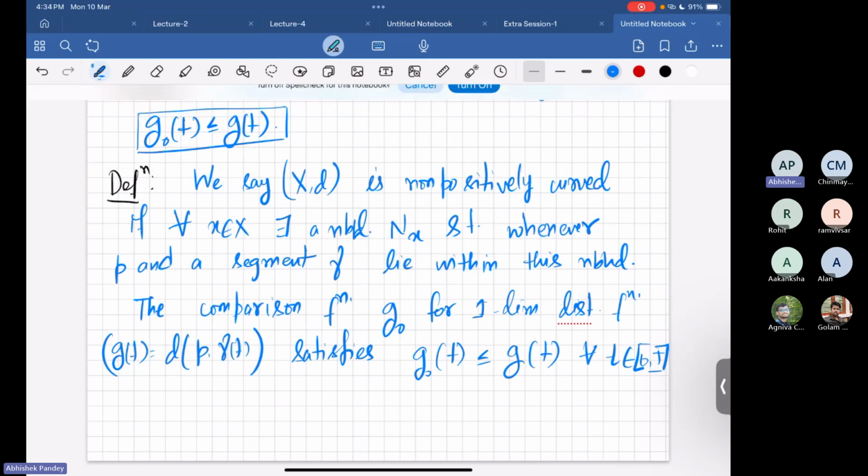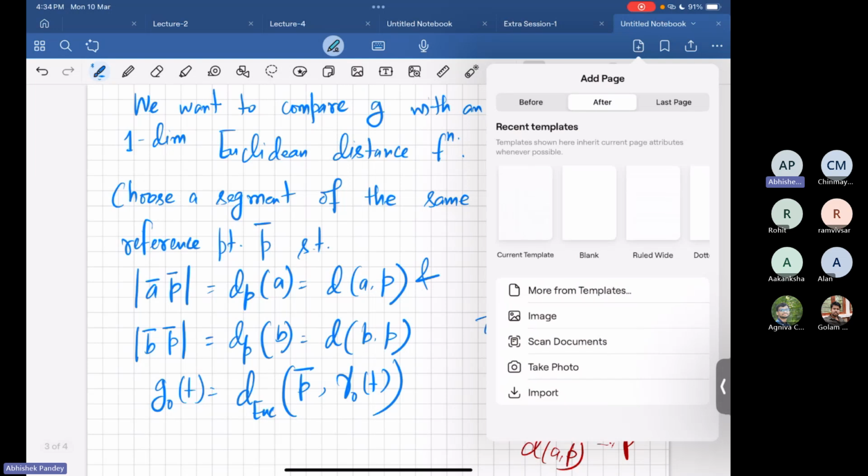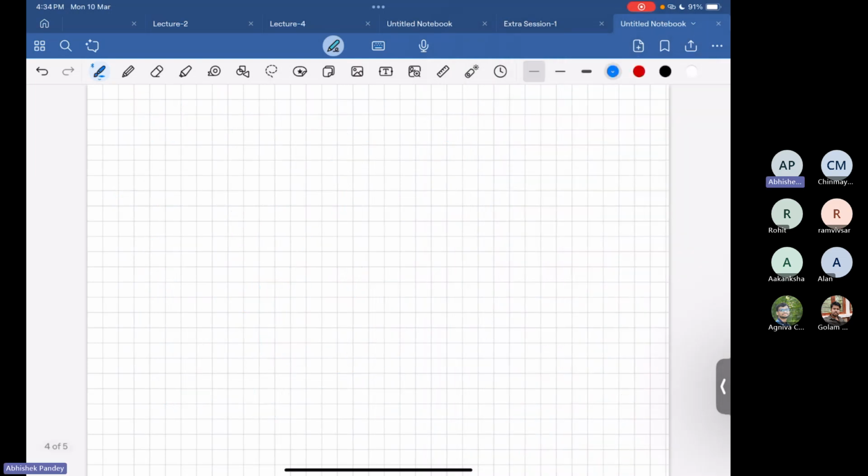So that will be kind of a word by word formulation of this thing, and that will give us a definition of CAT(0) spaces. So this thing is nothing but the equivalent way of saying the previous one. So this is the triangle condition.